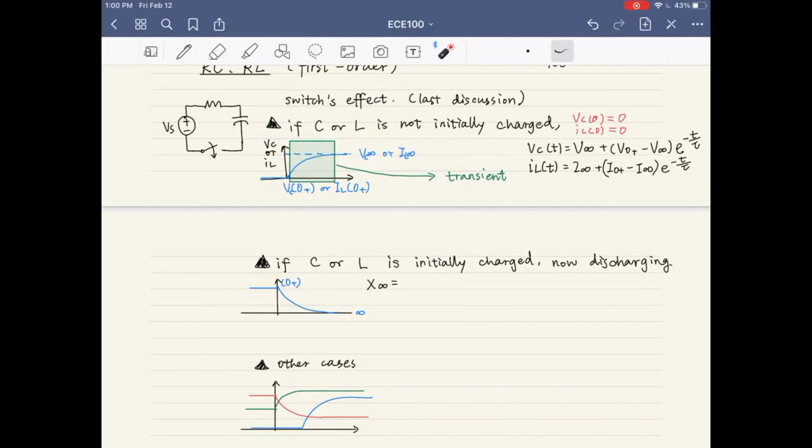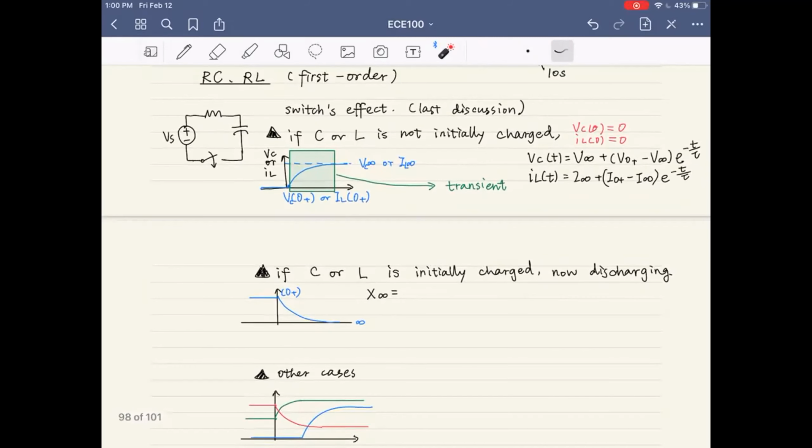The response here is called the transient response. To understand it more thoroughly, this is actually the XC, the complementary solution, which is a transient response.